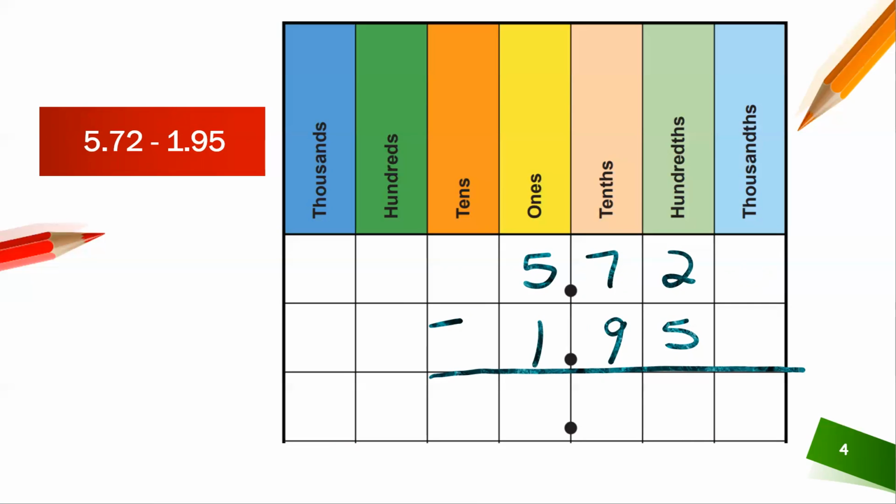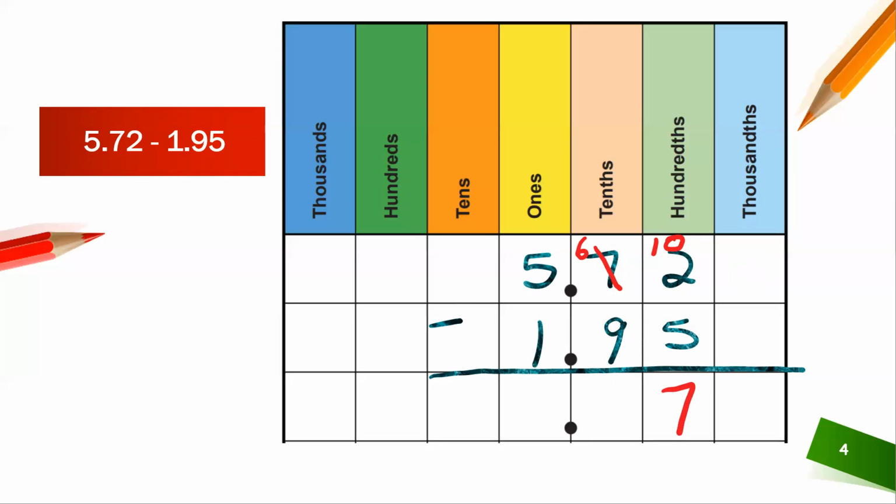So I have to regroup this 7 into 6 and 1/10, right? 7/10 is 6/10 and 1/10. 1/10 will move to the next place value to be 10/100. Take 5 away from 10/100. I have 5. 5 plus 2 is 7.